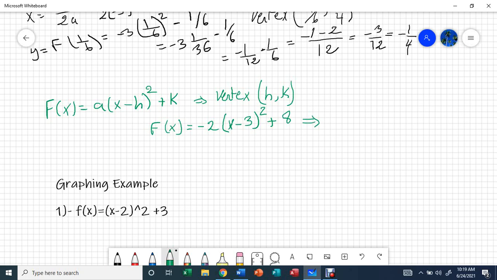The vertex is (h, k). H in your case is 3 and k is 8. So the vertex is (3, 8). And you see here a is negative 2, so the parabola opens down and has a max. So it will be like this and has a max.